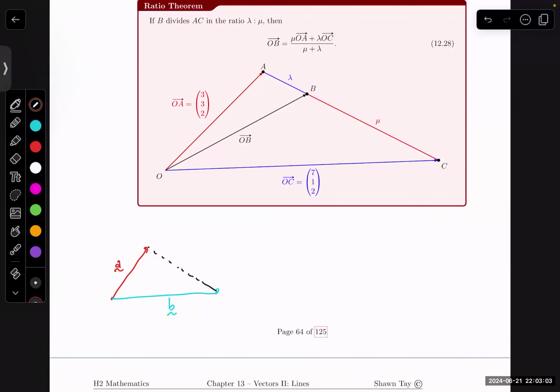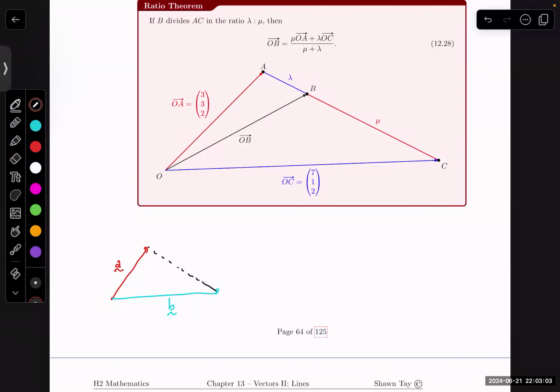Let's use different symbols from the above. Let's say this is lambda, and this is 1 minus lambda.